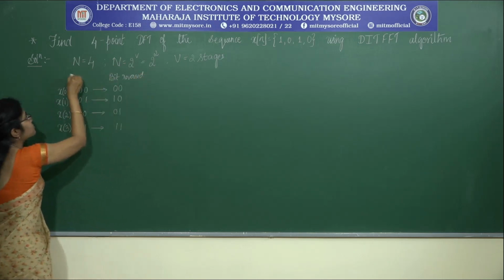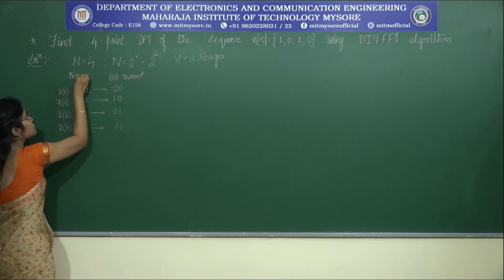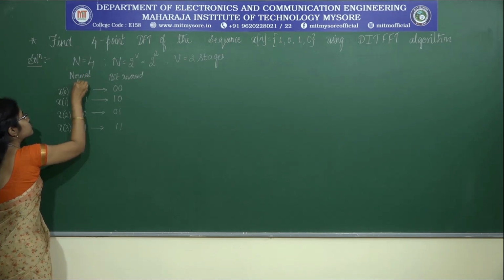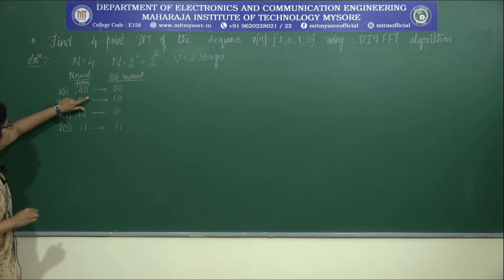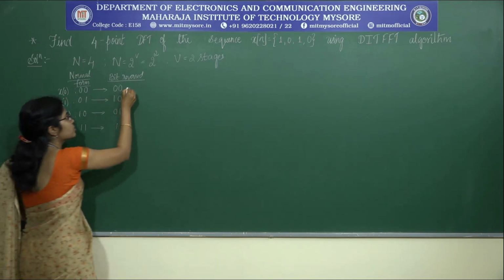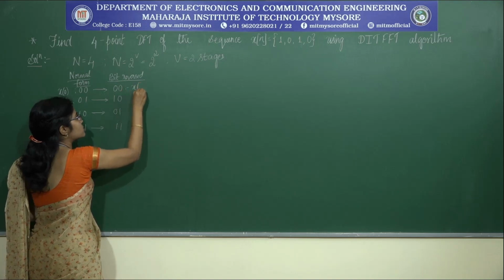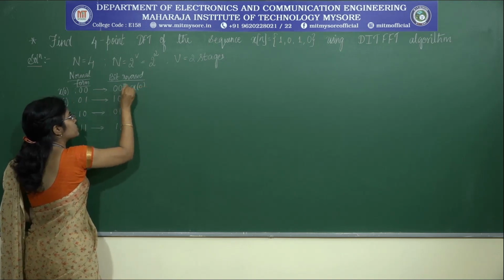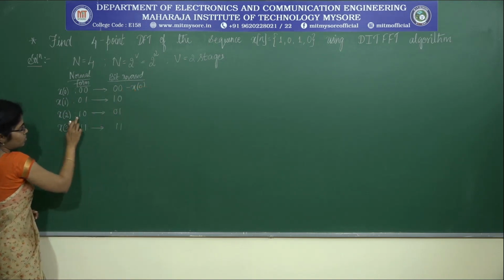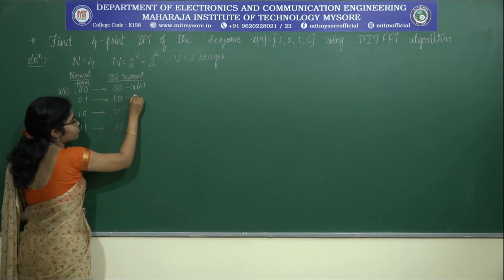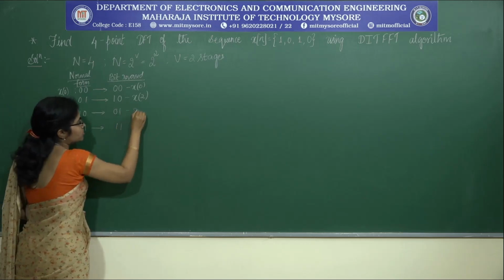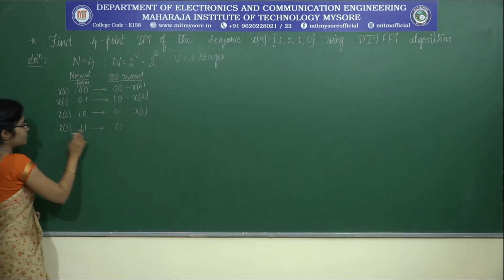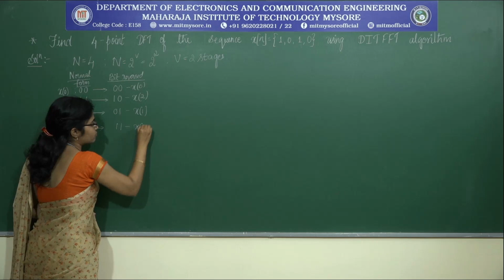This is the normal form. So if I look into this, 0 0 constitutes x of 0, then 1 0 constitutes x of 2, 0 1 constitutes x of 1, and 1 1 constitutes x of 3.